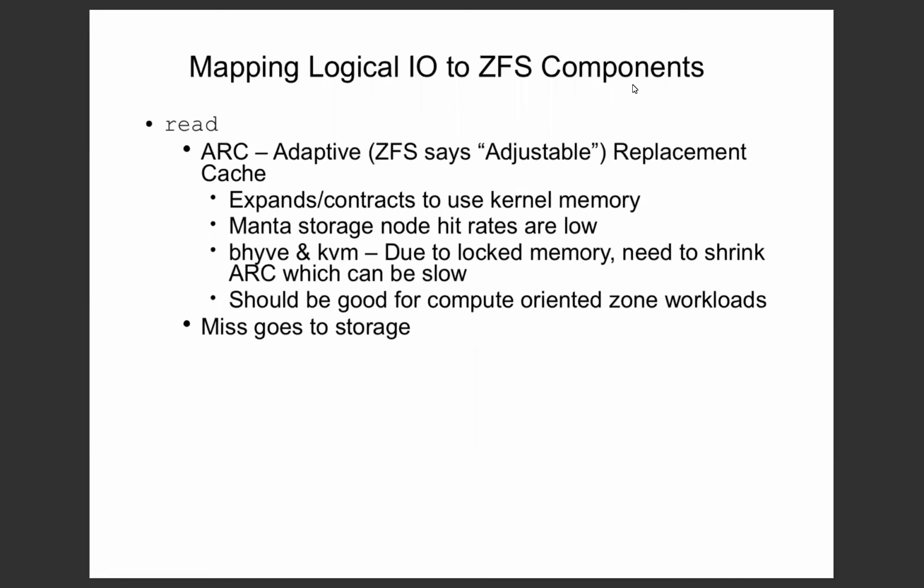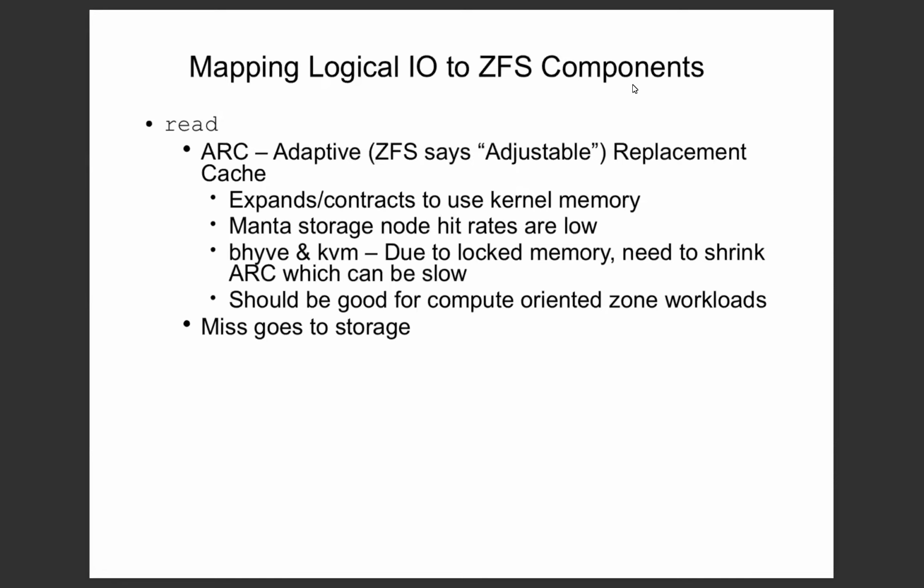So if you're reading something relatively often, the hope is that it would be cached in memory in the kernel, and we don't actually have to do any I/O. Depending on the workload, you might see a lot of read activity without hardly any actual I/O going out to the disk.